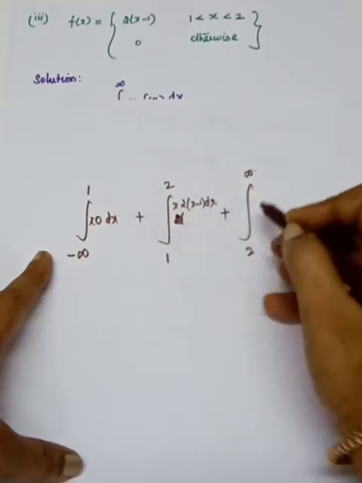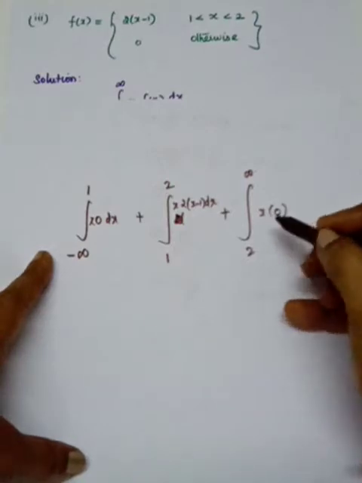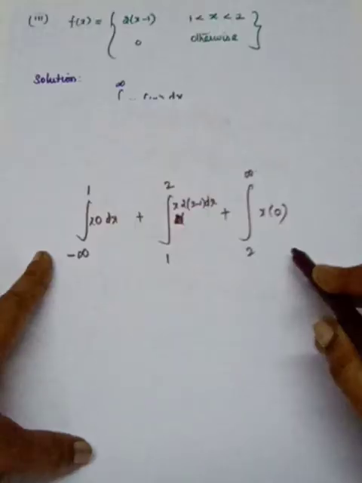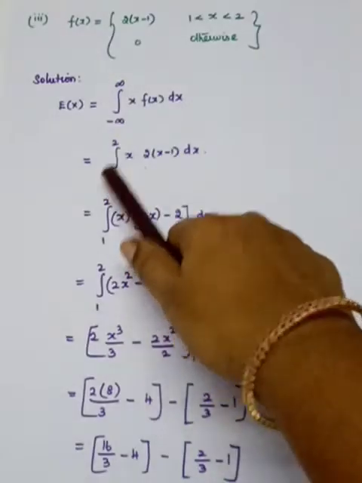Here f(x) is 0, so I didn't write these two results. Only I have taken the integral from 1 to 2.